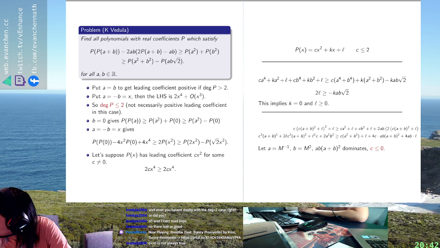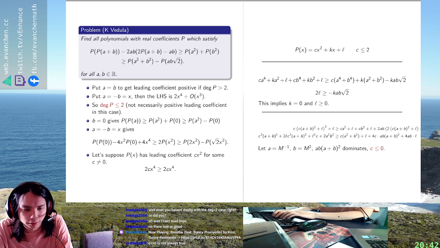I could just let c equals minus d and move things over so I can actually see what's going on. It's just a lot of typing. Okay, fine.